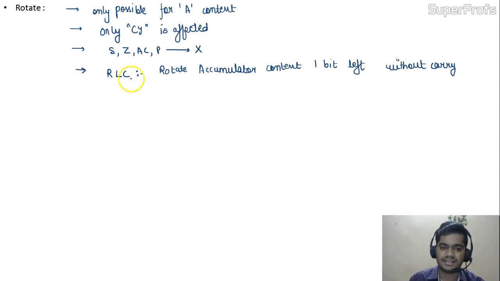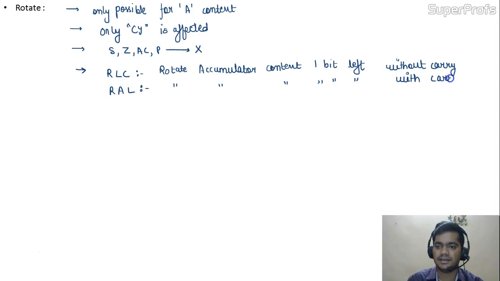Okay, this is the meaning of RLC. If the instruction is RAL, then rotate accumulator content 1 bit left with carry. So you can write these points, then we are going to see how the operation is done with carry and without carry.